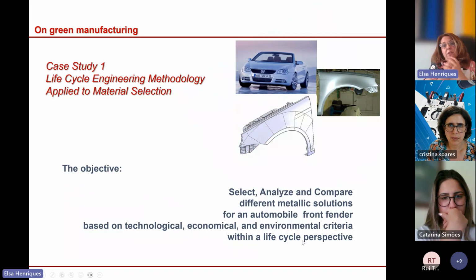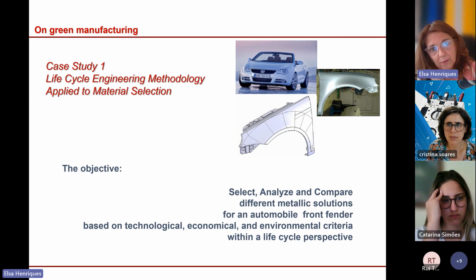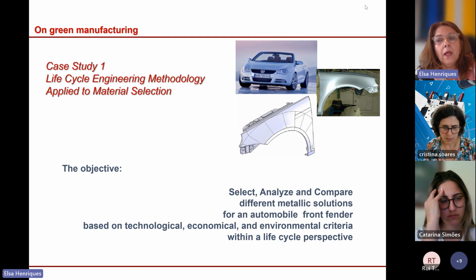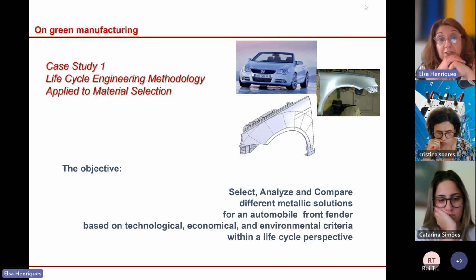Based on those definitions, I decided to introduce a case study that I worked on some years ago, where we introduced the concepts of life cycle engineering methodology, especially applied to the material selection for the life cycle.